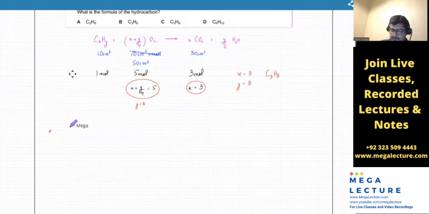Acidic gases. Which ones are acidic gases? Remember this: carbon dioxide and sulfur dioxide or nitrogen oxides, NO2 specifically, are acidic gases.